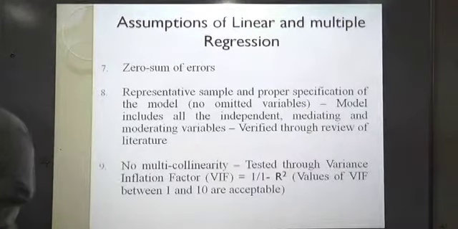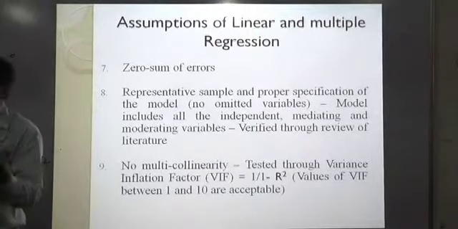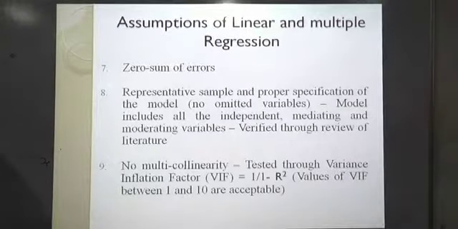No multicollinearity. That means the independent variables should not be related. If there are 2 or 3 independent variables, they should not have high correlation among them. 0.7 or higher is considered very high, and it is tested using 1 divided by 1 minus r square, and we call it VIF.